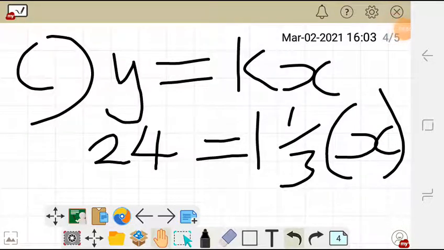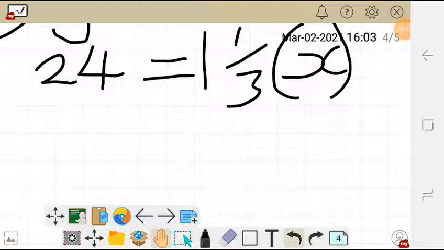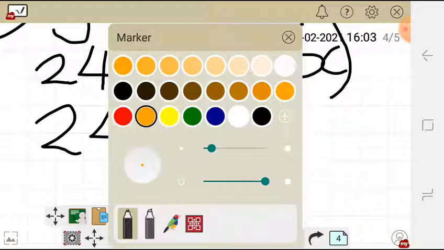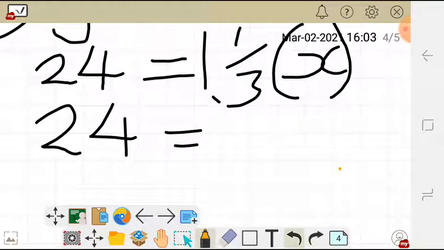Okay, so let's calculate. Change this mixed fraction first into an improper fraction. When changing, you multiply 3 by this whole number, 1, to be 3.